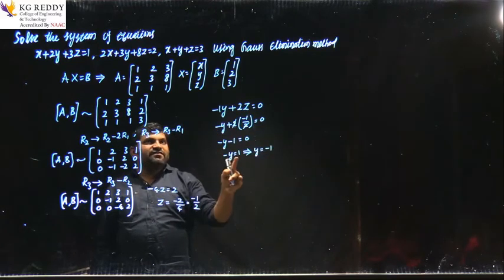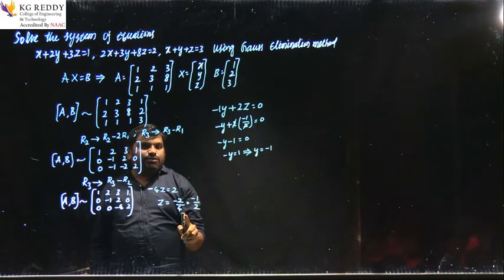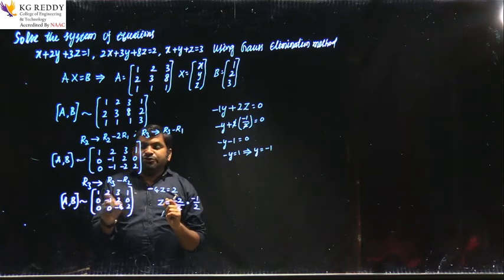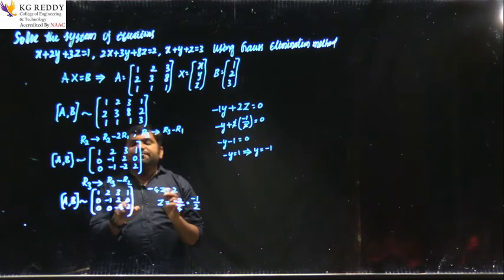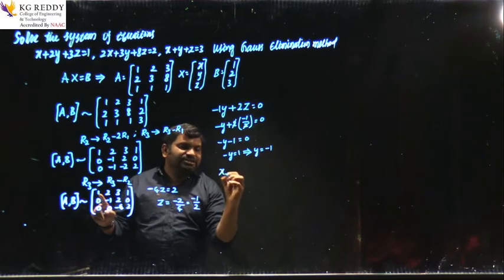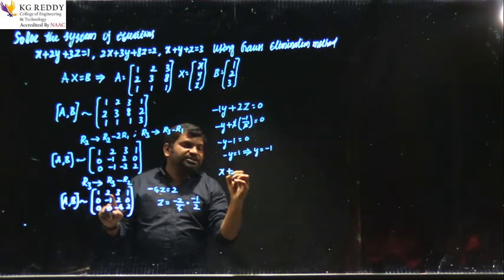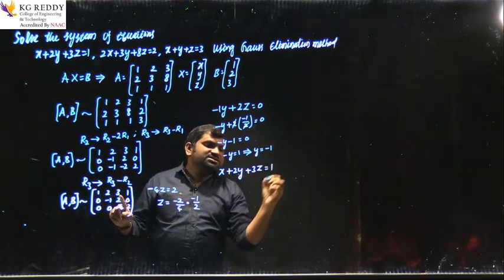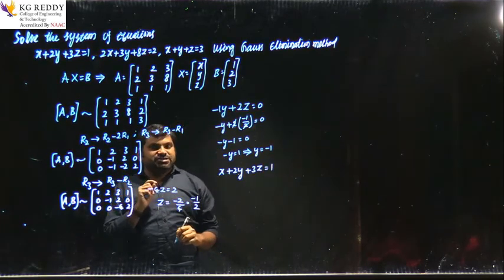Now we have the y value and also the z value. These two values we substitute in the first equation, which we get from the first row. So write down the first equation: 1 into x plus 2 into y plus 3 into z equals 1.